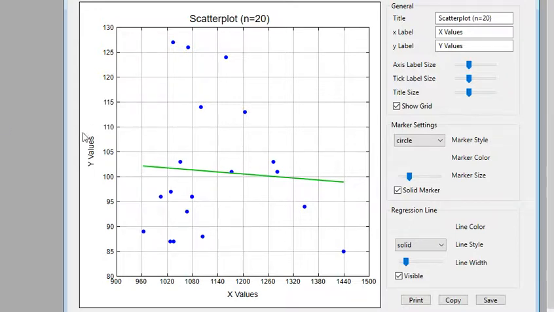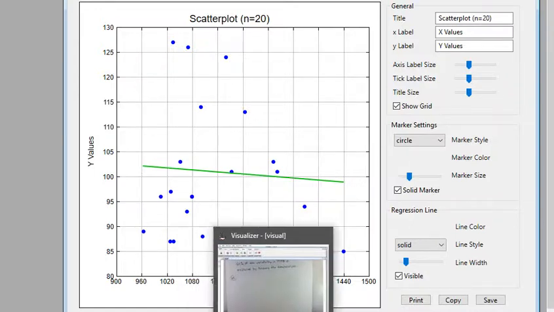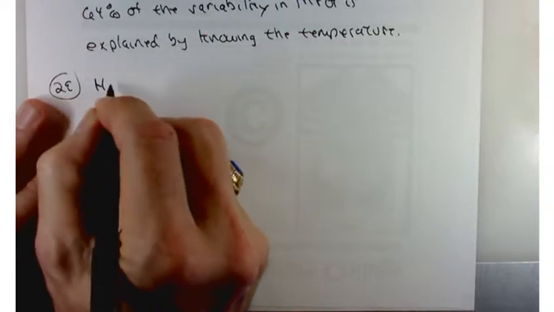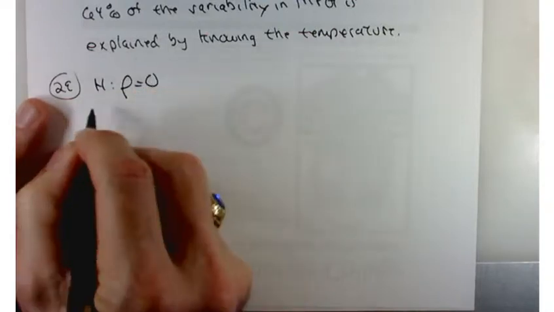So, problem number 29. Let's take a quick look at the hypothesis that the slope is essentially 0. There's no slope to the relationship versus, yeah, there's some significant slope to this relationship. Now StatDisk gives us the means to test that.